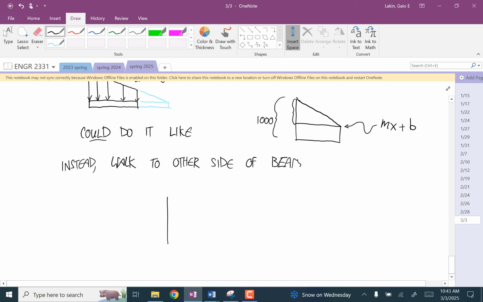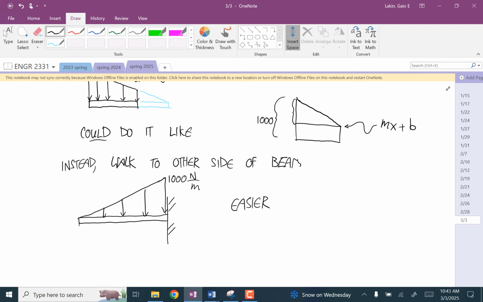Then this problem is like this. And that's just easier to do, faster to do. Any questions about that?